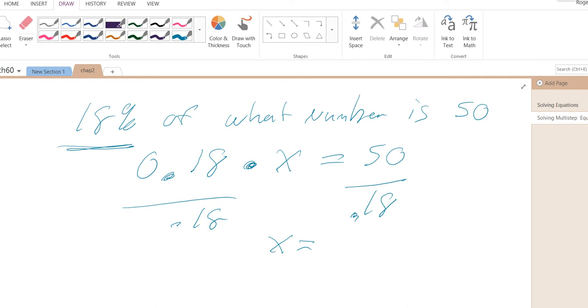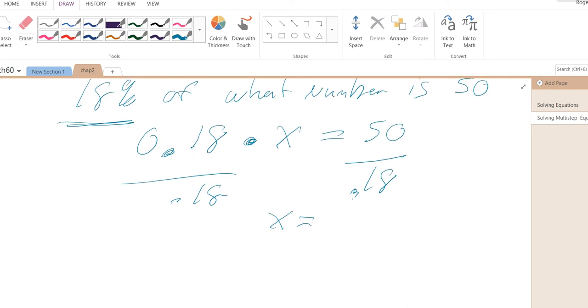Okay. Did anybody get an answer for this one? 50 divided by 0.18? Brian's got it going for me there. Might be able to do it here. 50 divided by 0.18.